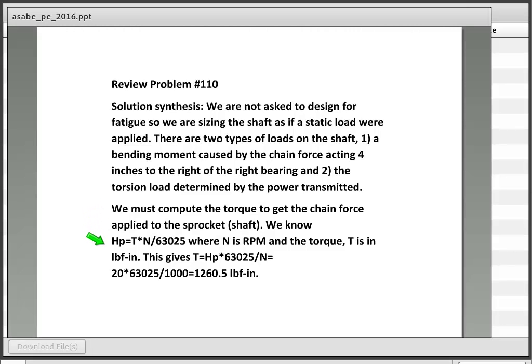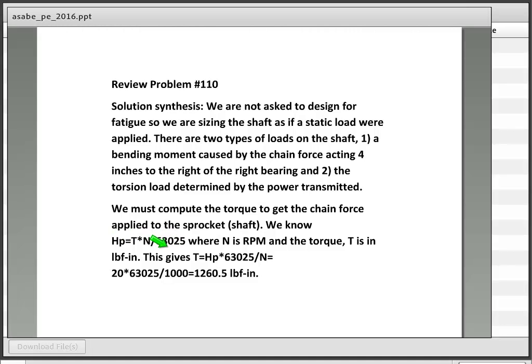And here's another little equation that would be good to have in your hip pocket. And again, in customary U.S. units here, we got horsepower equals torque times, and it's unfortunate use of nomenclature here, but N is also usually used for RPM, but it's torque in inch-pounds force times RPM divided by a constant here, which is 63,025.